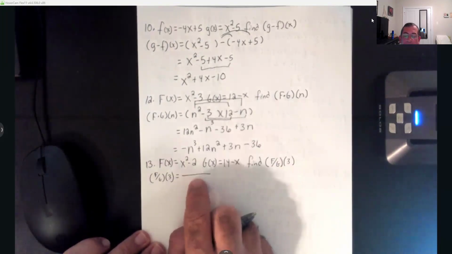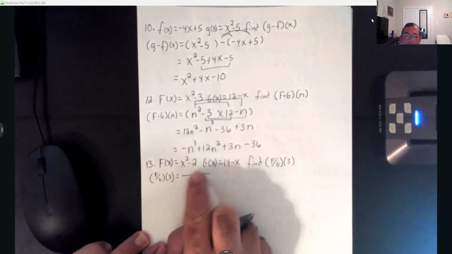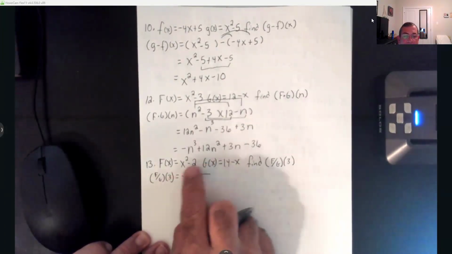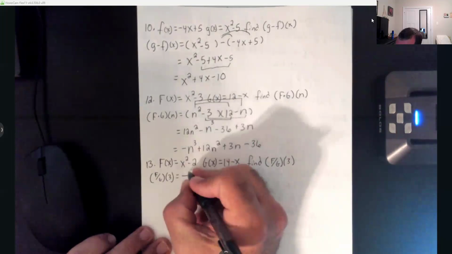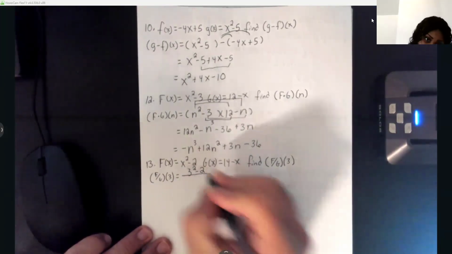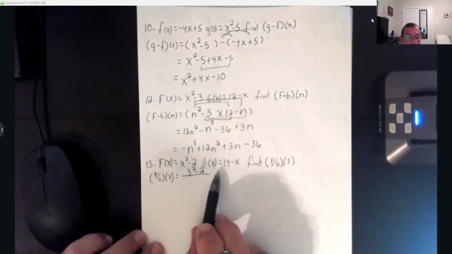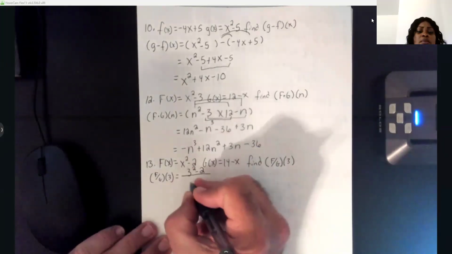I'm not putting them in parentheses here because in fraction form it's understood that they're in parentheses. On top is my f of 3, so instead of x squared minus 2, I put 3 squared minus 2. And on the bottom, g of 3 will be 14 minus 3.